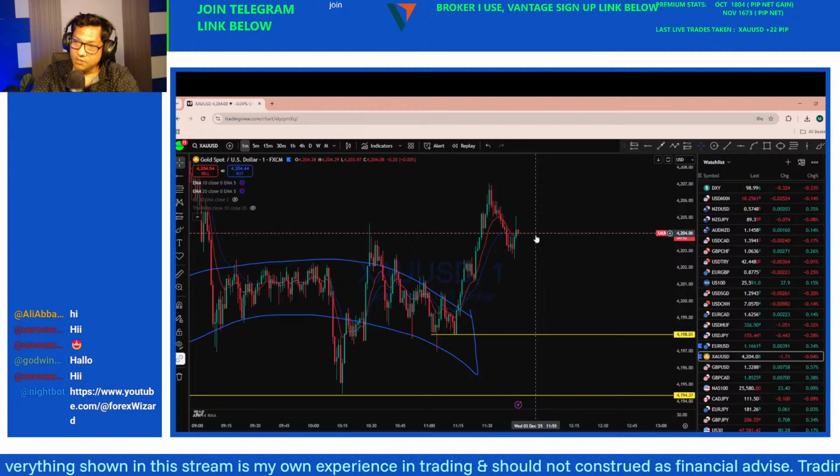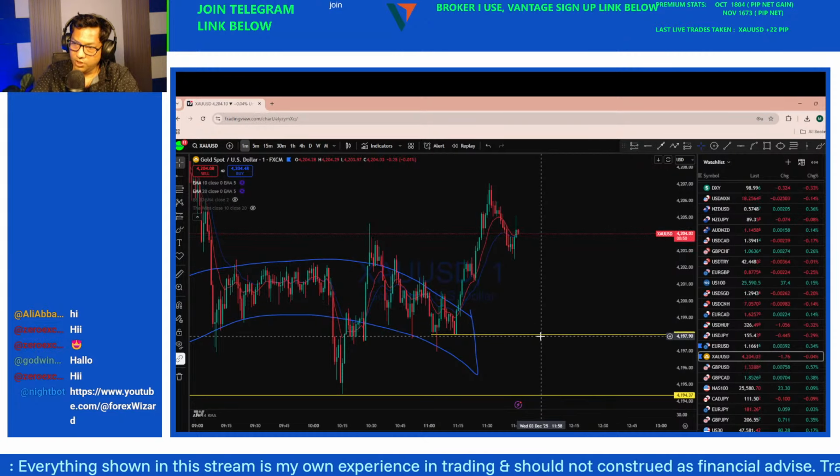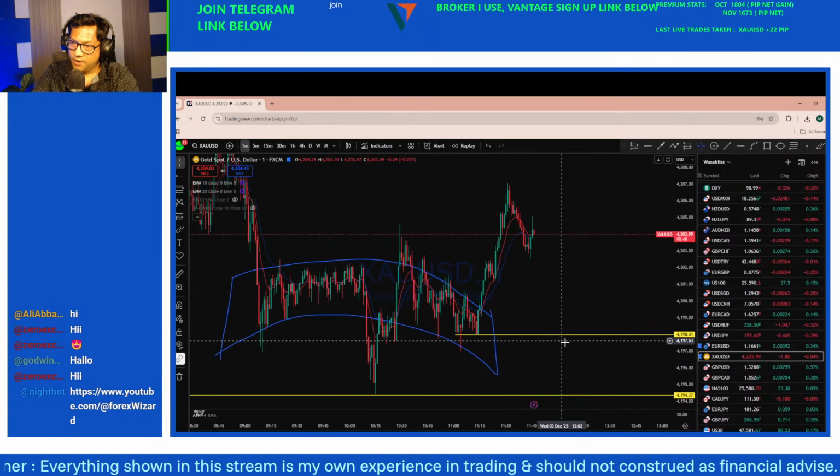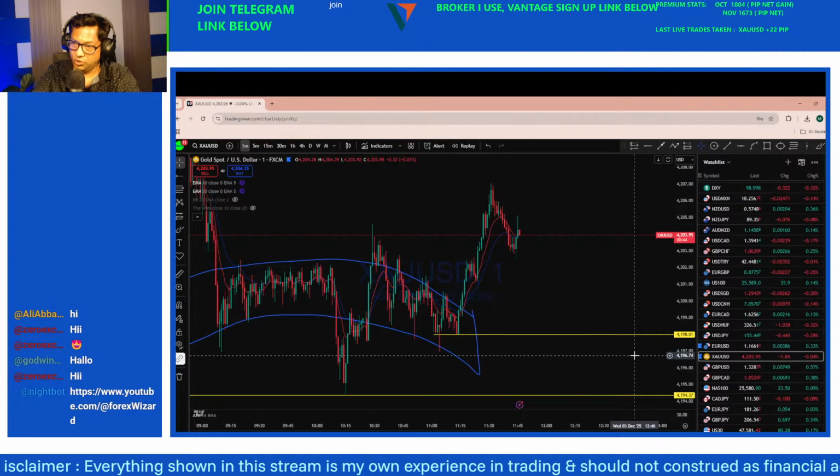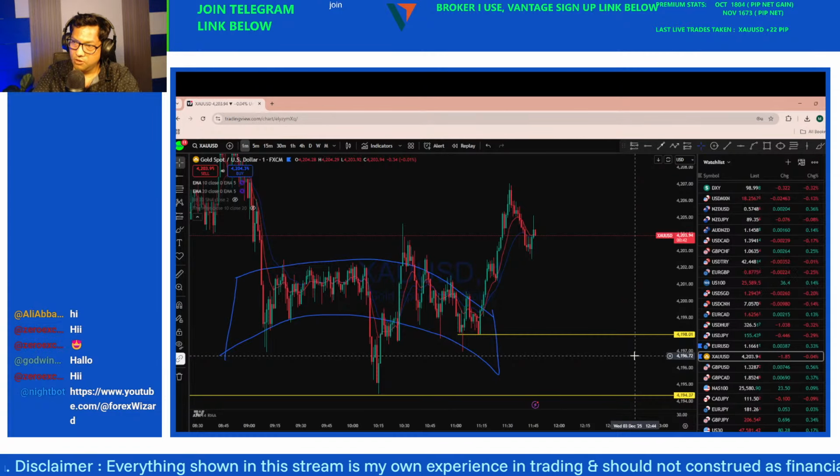With a long wick, the market is trying to break that low in that direction here, and that could come back even lower than this in this zone here to retest that support.